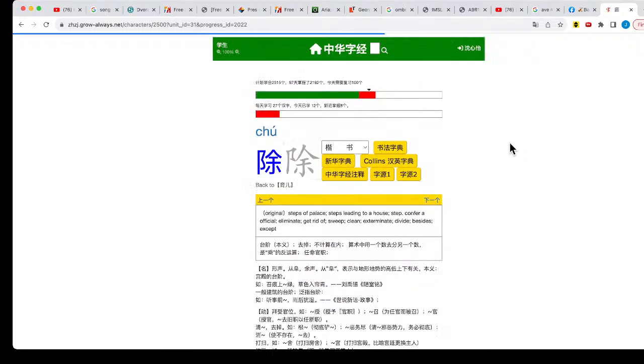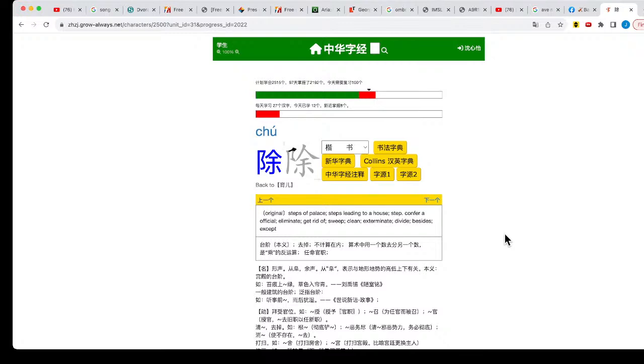Next one, 除. 除's original meaning is the steps of a palace, specifically the steps leading to that great house are called 除. Now it usually means to eliminate, 除掉, get rid of.